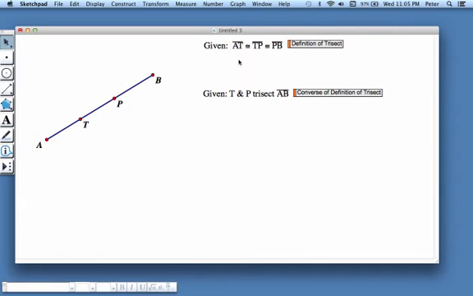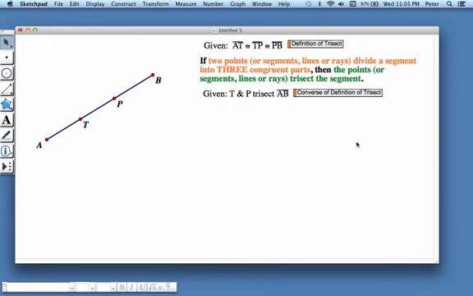Very similar to bisection is trisection. So if you were given that AT was congruent to TP and those were congruent to PB, you could use this definition of trisect. If 2 points, like T and P, divide a segment into 3 congruent parts, then the points trisect the segment.